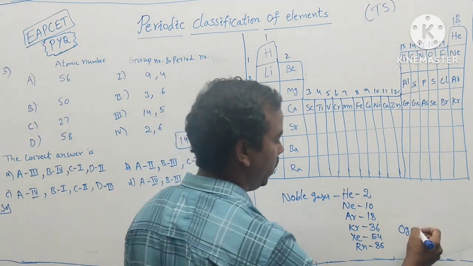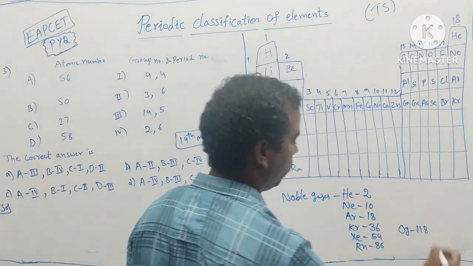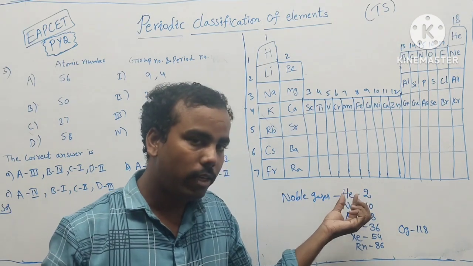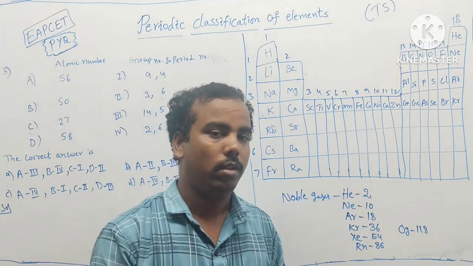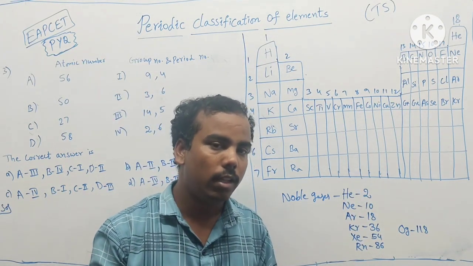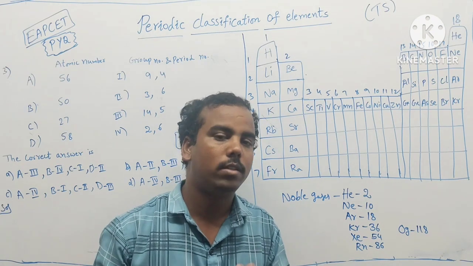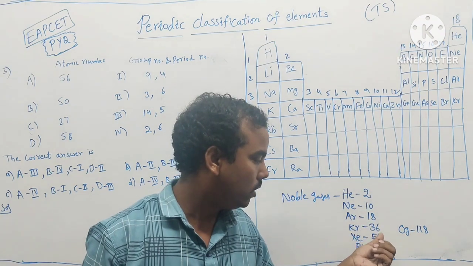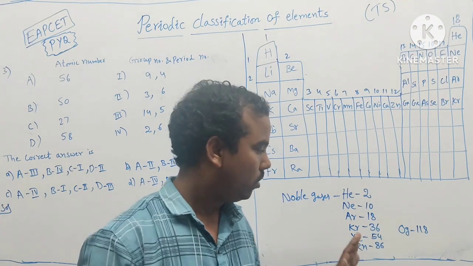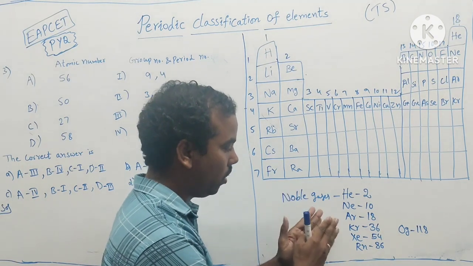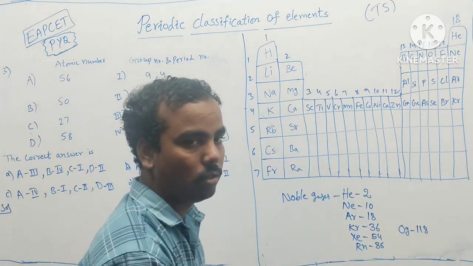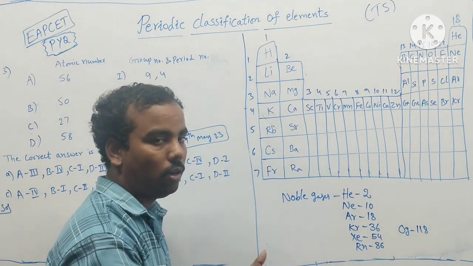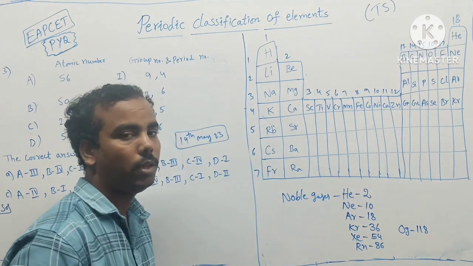Oganesson, the last one, 86 plus 32, 118. So after the additions of 2, 8, 8, 18, 18, 32, the next elements occur. So 2, 10, 18, 36, 54, 86, 118. First you must learn the noble gas atomic numbers. By using these, you can easily find the remaining elements' atomic numbers.